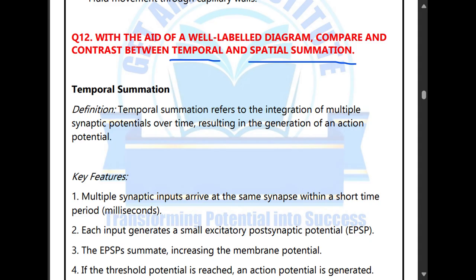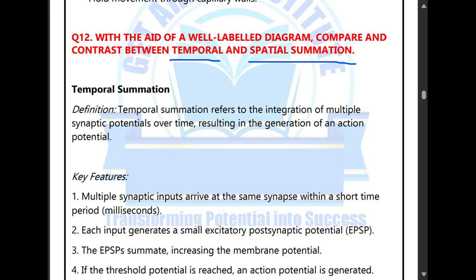Okay. So in this case, according to the question, you've been asked to use a well labeled diagram. When it comes to a labeled diagram, you only have to show how temporal summation occurs and explain a bit, and also how spatial summation occurs and explain a bit.